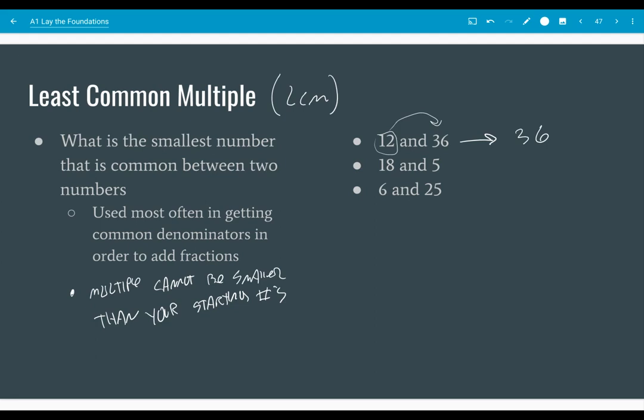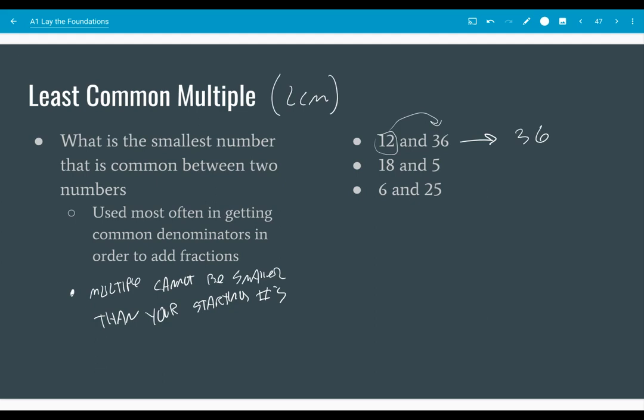Okay. So if we look at the next one, the least common multiple of 18 and 5. So what you do is you can start with 18 and then just multiply 18 by 2 and get 36 and keep going up until you get to something that has a factor of 5.